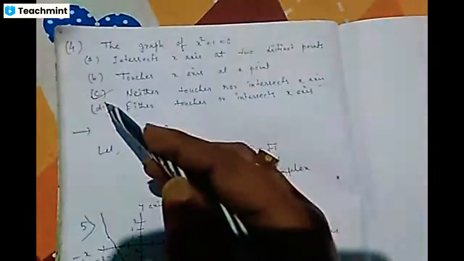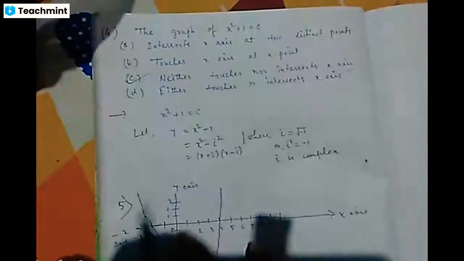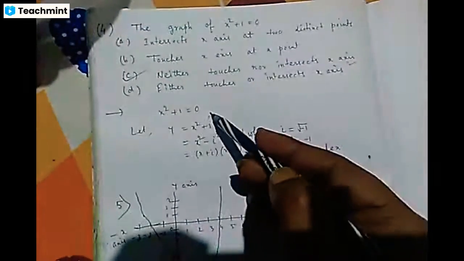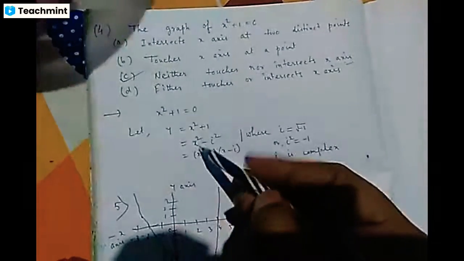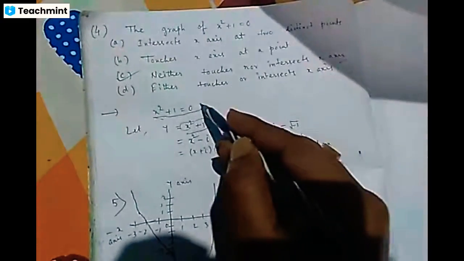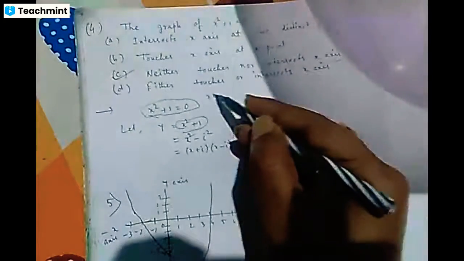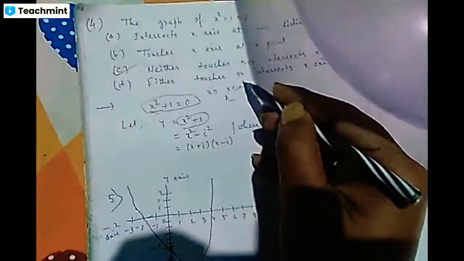I have already marked this at C, neither touches nor intersects the x-axis, because if we take x square plus 1 is equal to 0, if we equal y is equal to x square plus 1, actually this equation cannot be solved. If you solve this equation, you cannot find out real roots of x. No real roots of x.